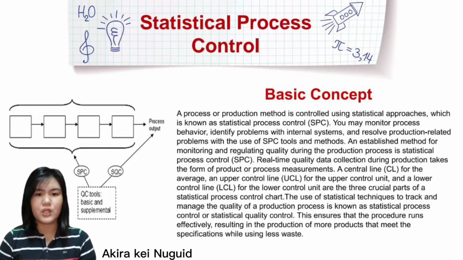Statistical process control, often known as statistical quality control, is the use of a statistical tool to monitor and manage the quality of a production process. By ensuring that the process is efficient, more products that satisfy the criteria can be produced with less waste.